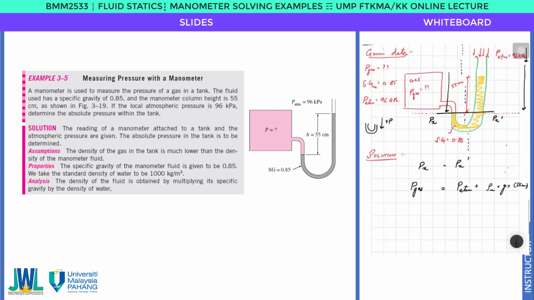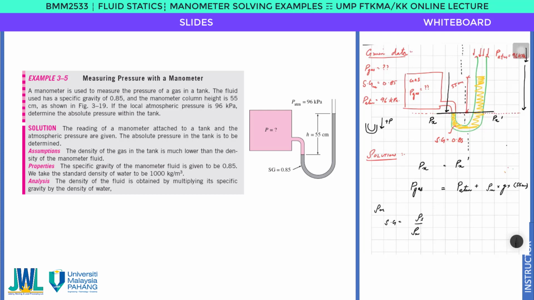So let's put the values. The density of the manometric fluid is not given, but the specific gravity is given. So specific gravity is equal to the density of substance divided by the density of water.